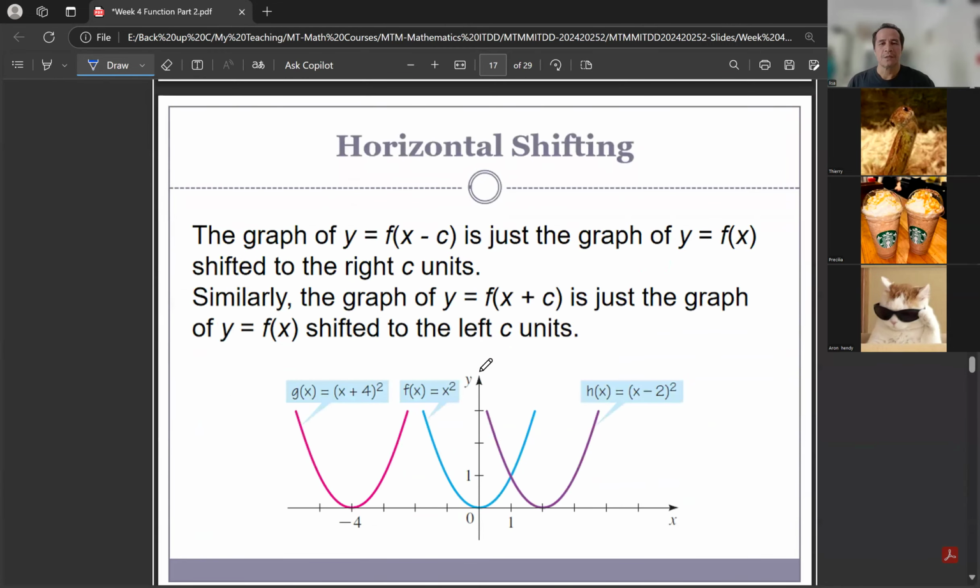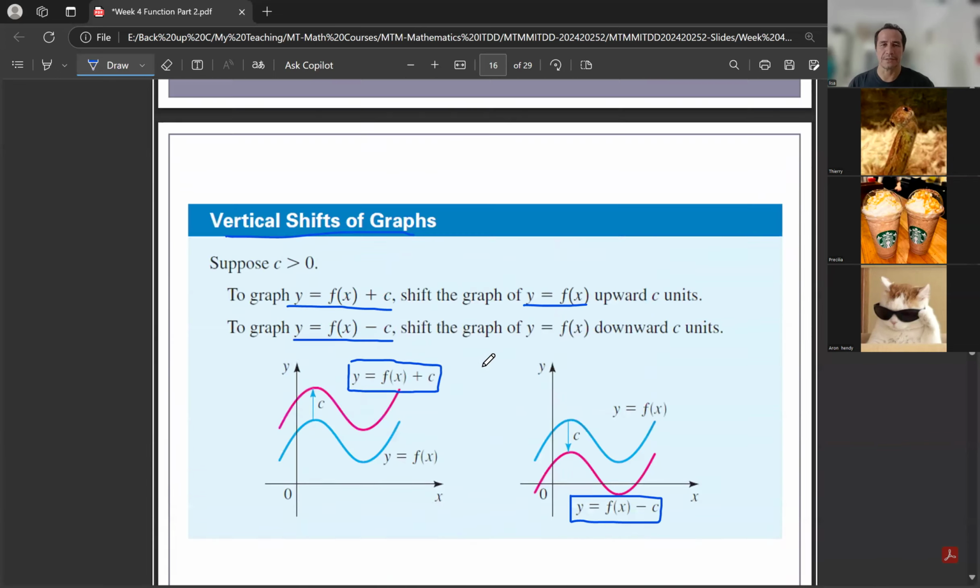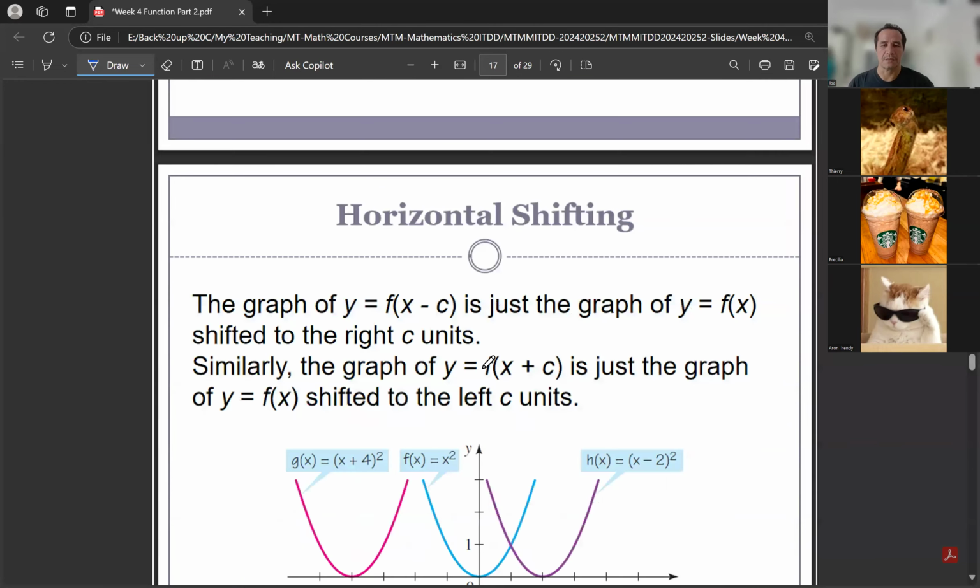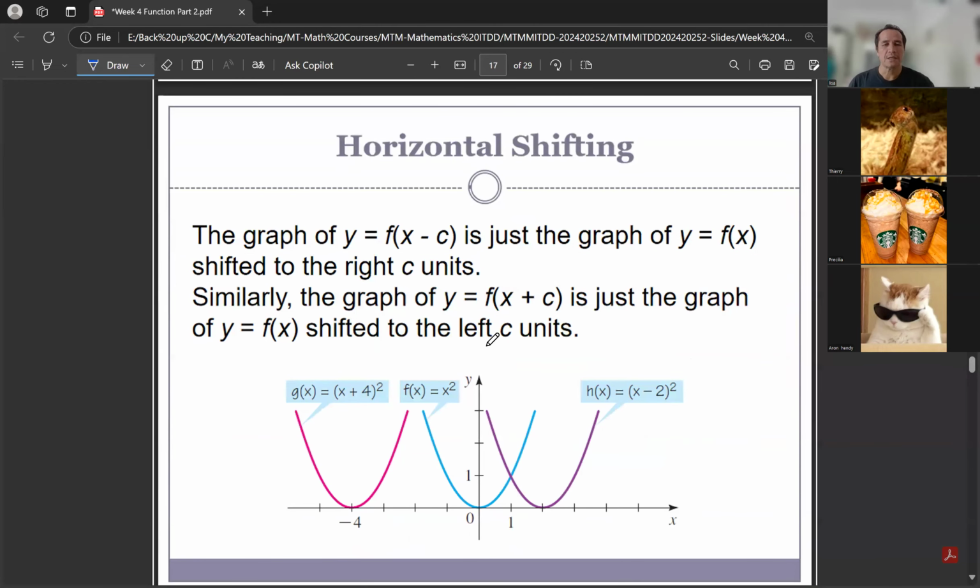Okay. Now, what about horizontal shifting? This is vertical shifting, and the second is horizontal shifting. Horizontal shifting happens when, from the original function, the variable is added with a positive or a negative constant.